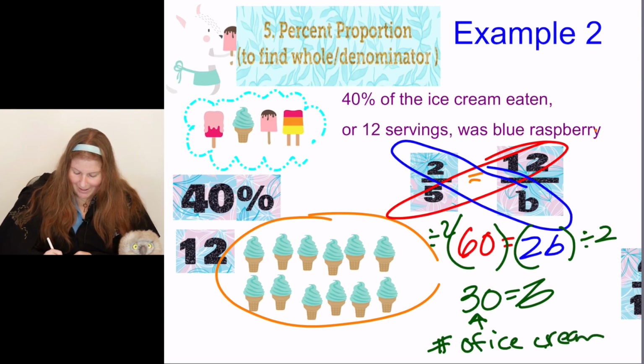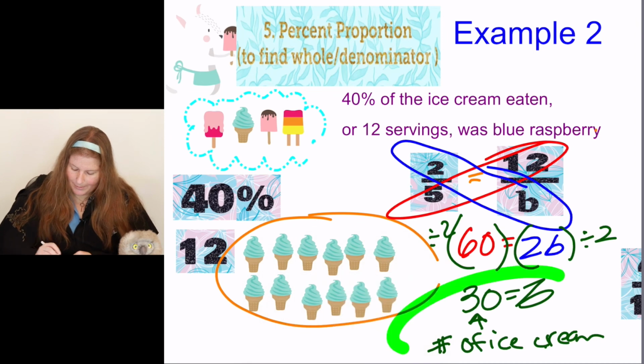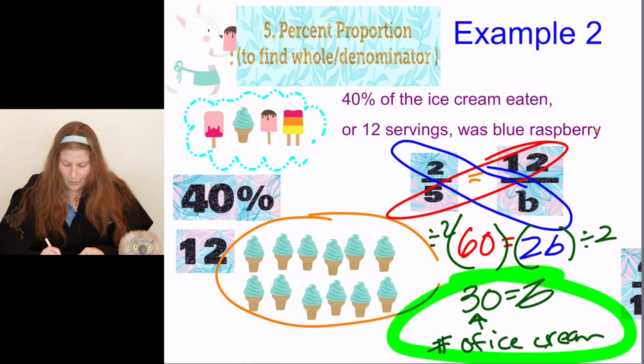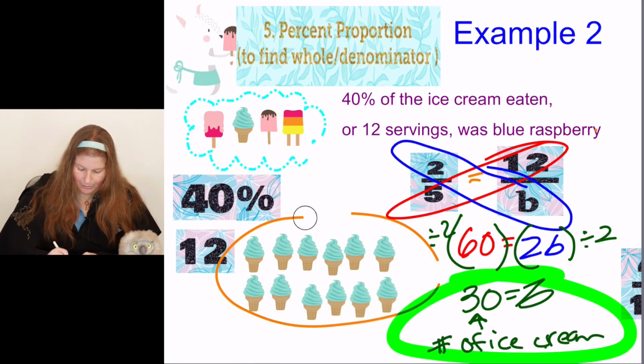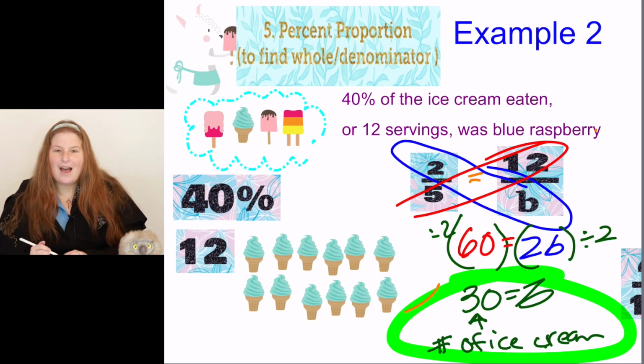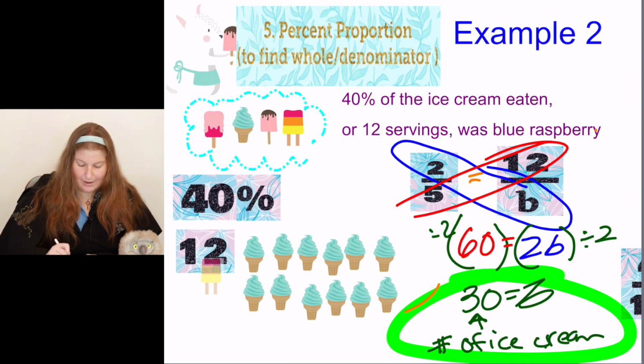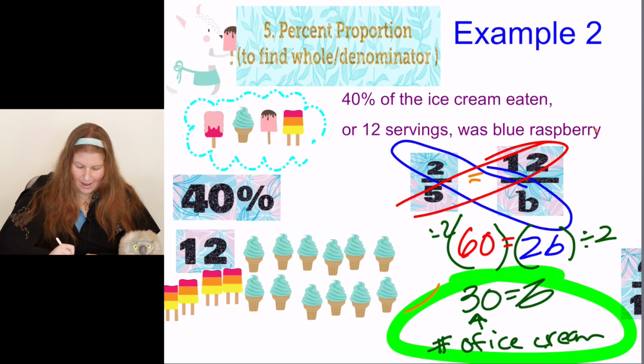And what that looks like as a visual, if you're into drawing out your problems, is that we know over here we had 12 that were blue raspberry, and we had 30 in total. So we would have to add another 18 servings of ice cream. So I might have 4 of these, and 5 of these, and 9 of these.